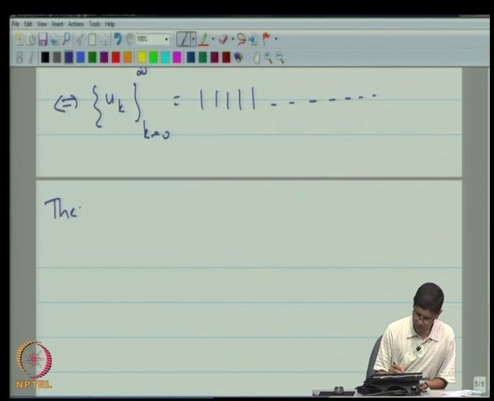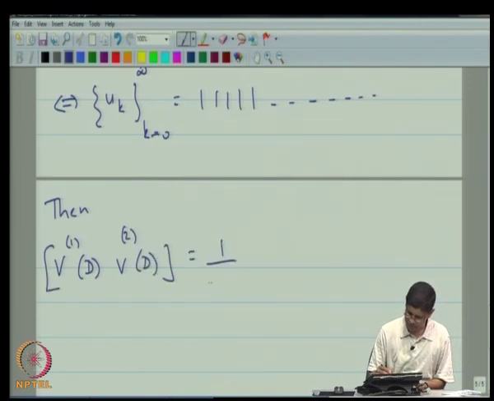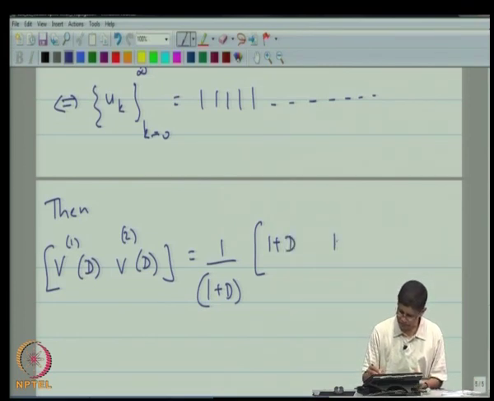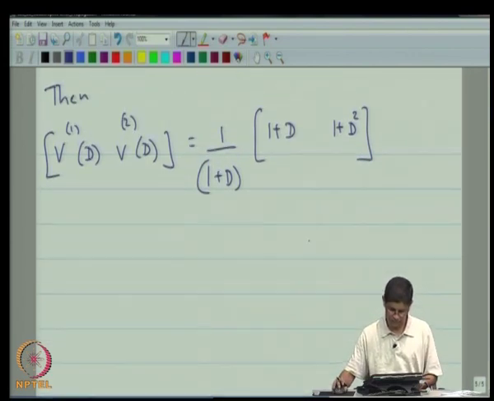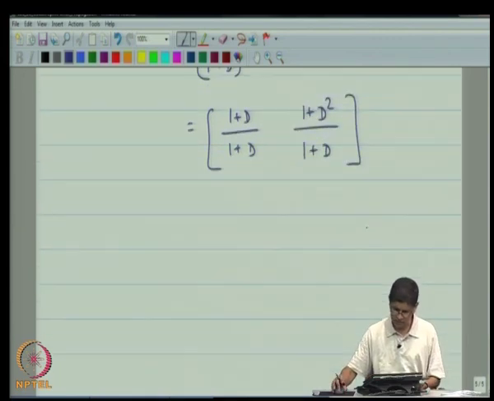Then V1 of d, V2 of d is given by 1 upon 1 plus d into 1 plus d into 1 plus d squared, and that is the same as 1 plus d upon 1 plus d, 1 plus d squared upon 1 plus d.